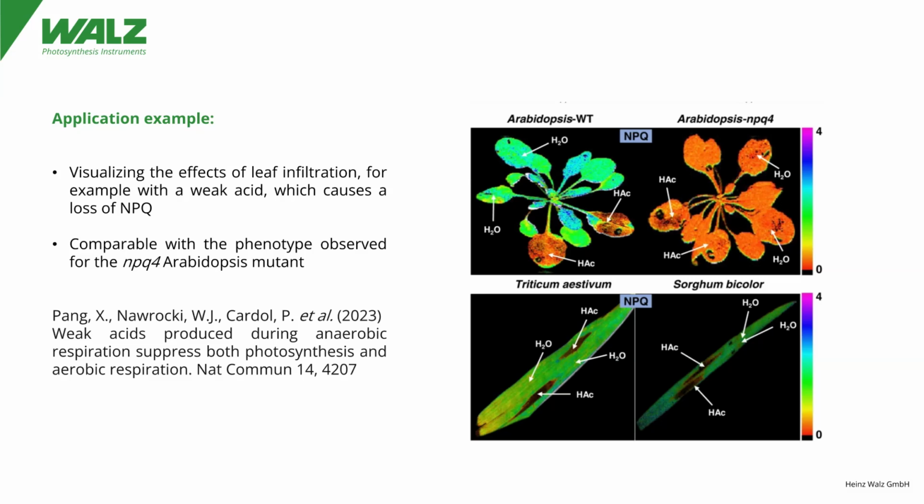In this example, a weak acid is applied to leaves, which artificially acidifies the thylakoid lumen and thereby alters NPQ formation. The fluorescence images show that after this treatment the leaves behave similarly to the NPQ4 mutant, which is known to be impaired in NPQ formation. This illustrates how fluorescence imaging can visualize physiological responses across the leaf surface.